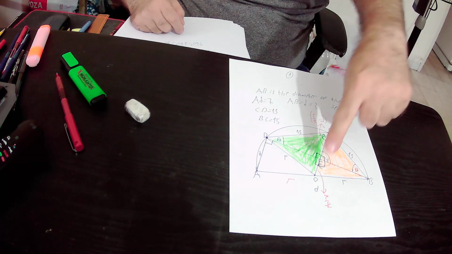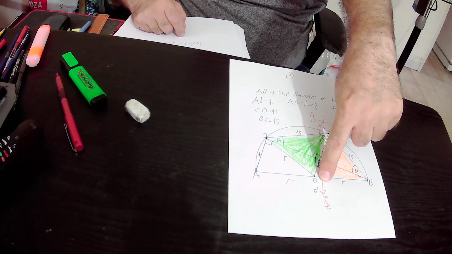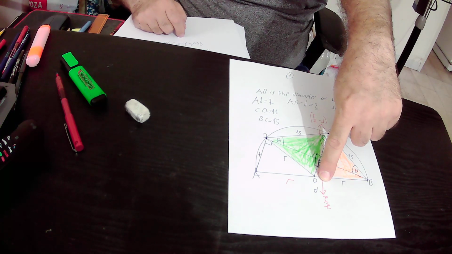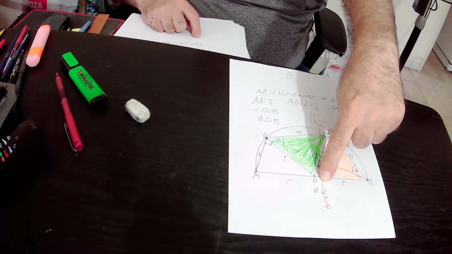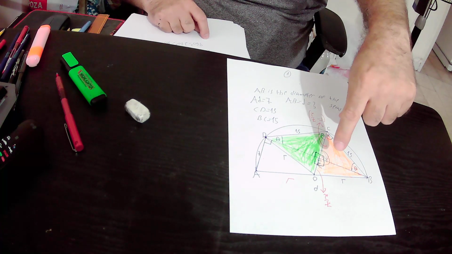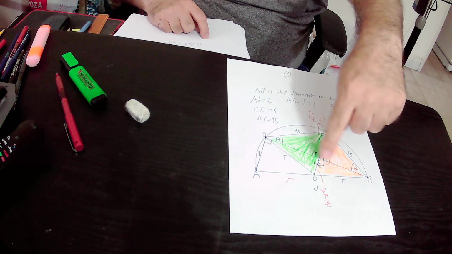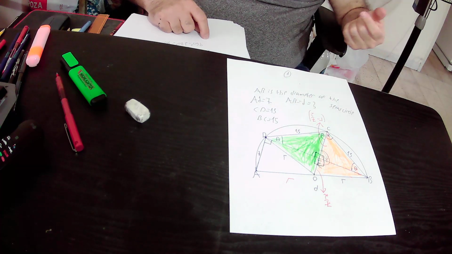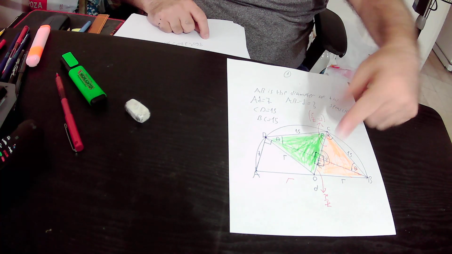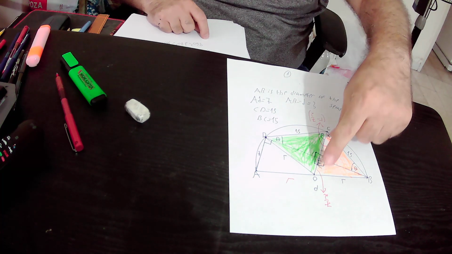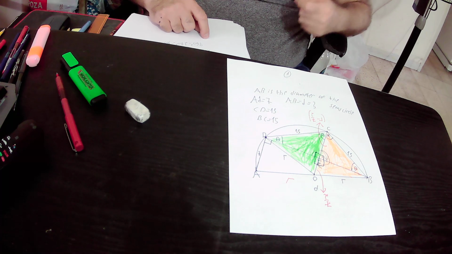And we also know that OC, that is the radius of the semicircle, is also a straight line. OC is a straight line, therefore angle CEO equals 180 degrees.